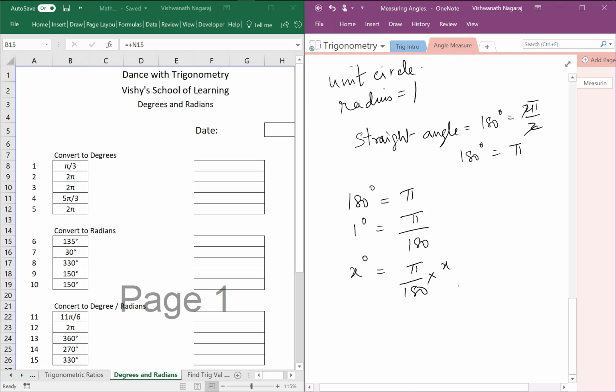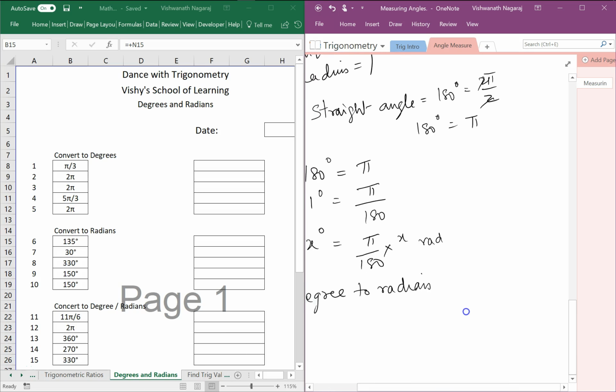This is the formula to convert from degrees to radians.